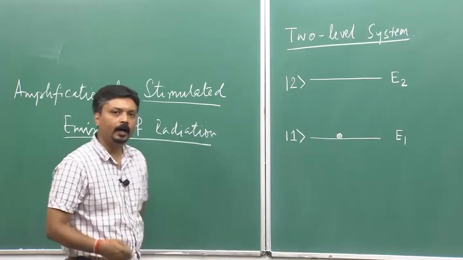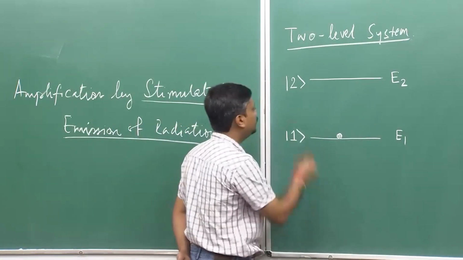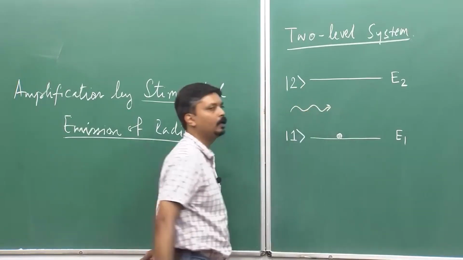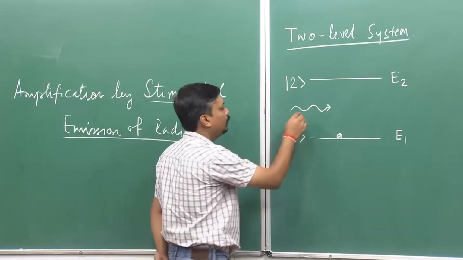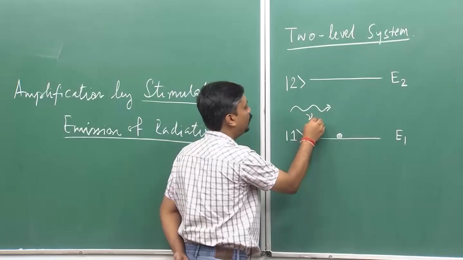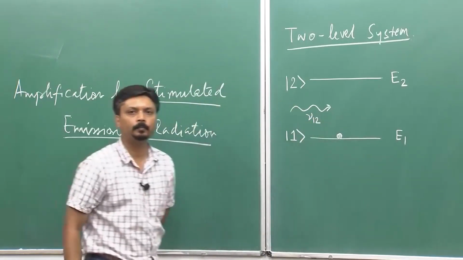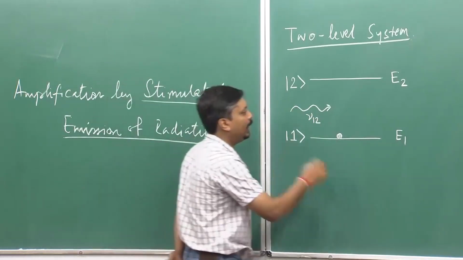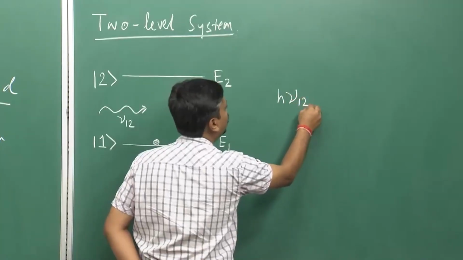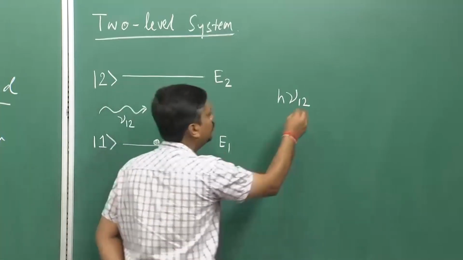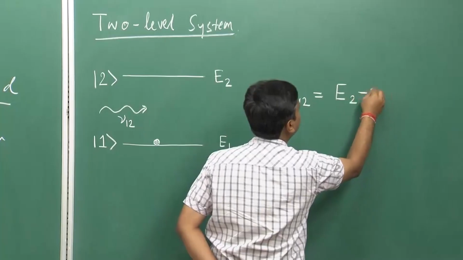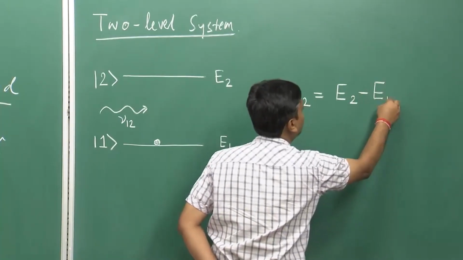Now, if I shine light such that the frequency of that light, let me call it nu 1 2, such that h nu 1 2, where h is the Planck constant, is equal to the energy gap in this system, that is E2 minus E1.